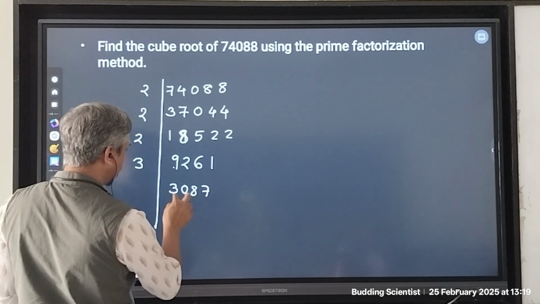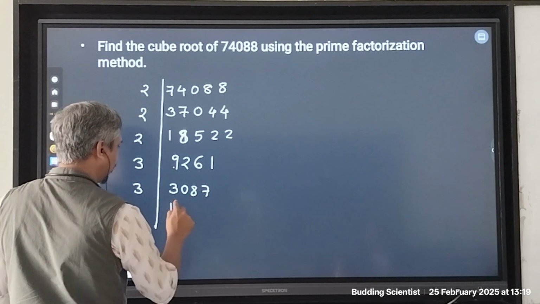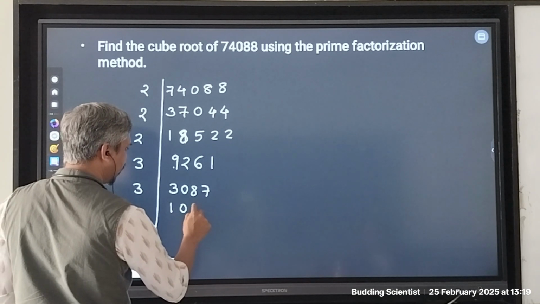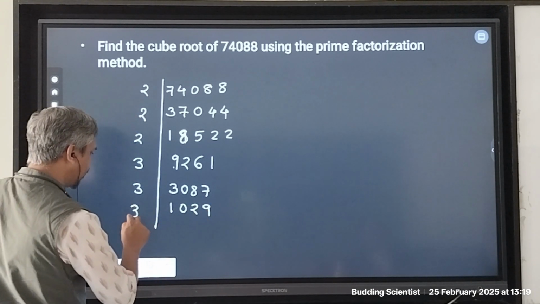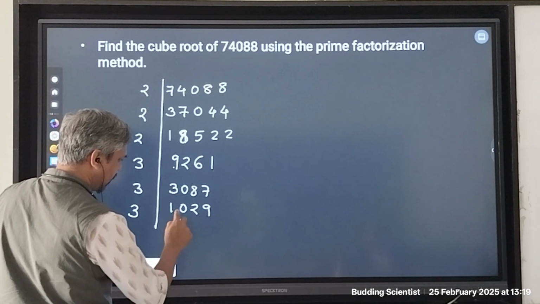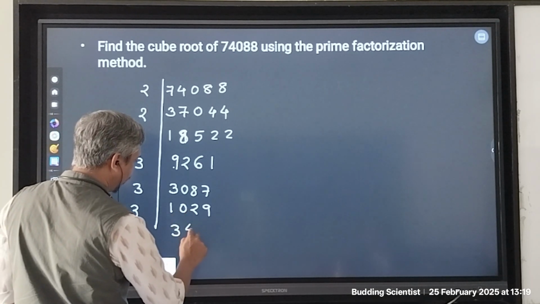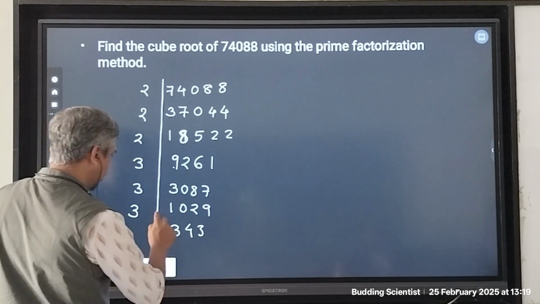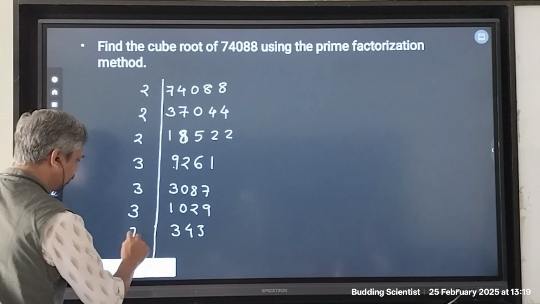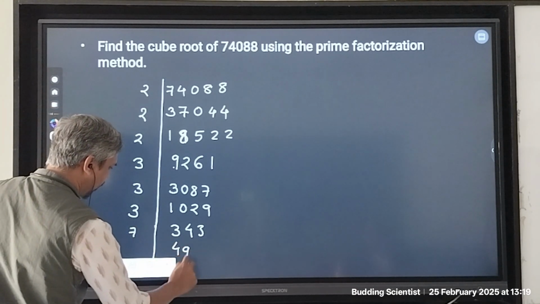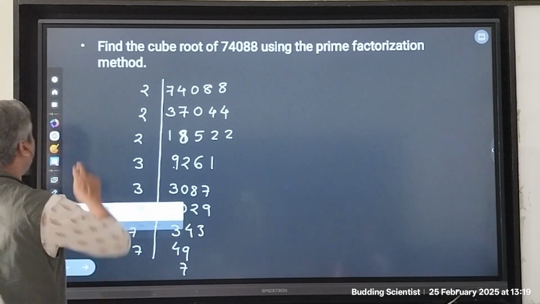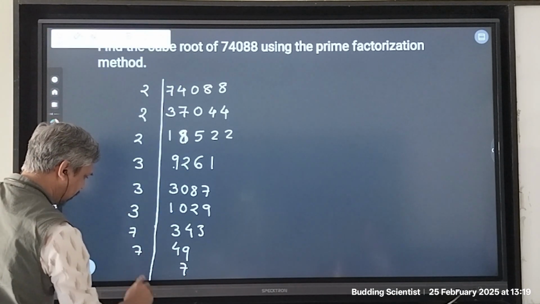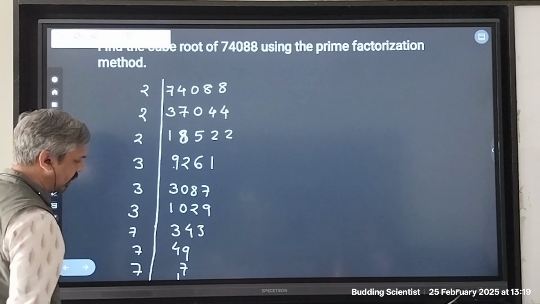Then we can again divide by 3, 1029. Again we can divide by 3. So we get 343. 343 is 7 cube. So it's divided by 7, we get 49. 7 gives 7, and we get 1.